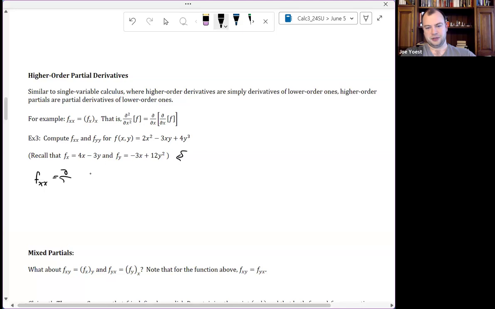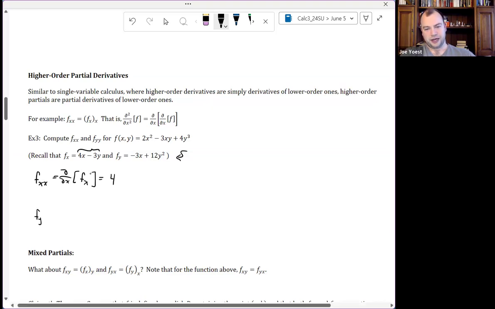Well, this is the partial with respect to x of f sub x. Again, that's a two variable function. It has some x's and some y's, considering the y's to be constant and the x's to be variables. So 4x differentiates to 4, and minus 3y, from the perspective of x, is just a constant that differentiates to 0. So f sub xx in this case is just the constant function 4.